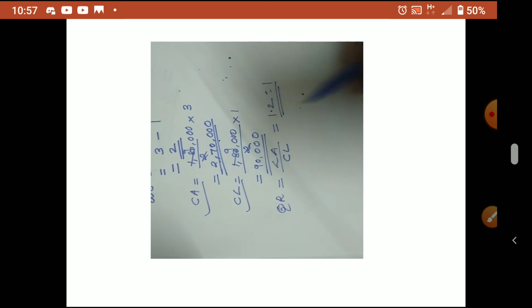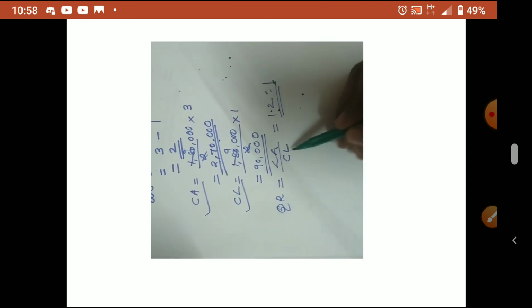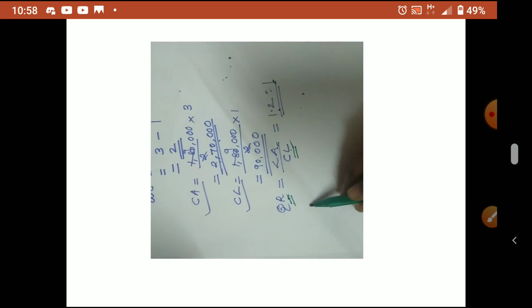That means 1.2 represents liquid assets and 1 represents current liabilities. Now quick ratio is given and liquid assets, current liabilities we have to substitute. Now in these 3 items, what do you know? Current liabilities we know. So quick ratio first we put 1.2 by 1.